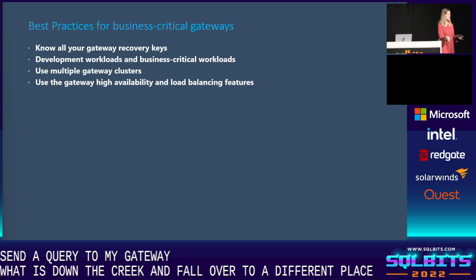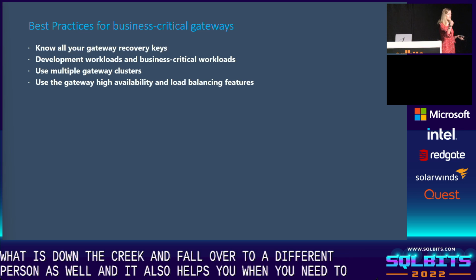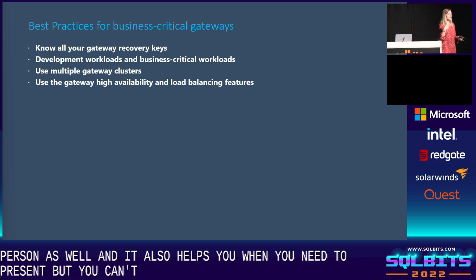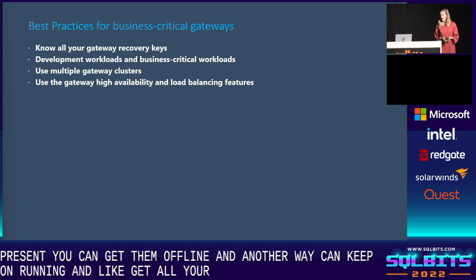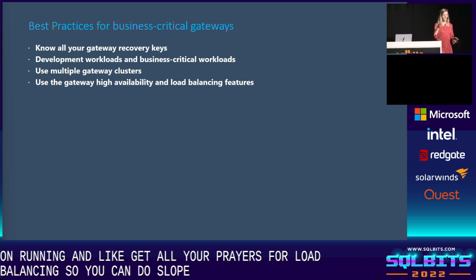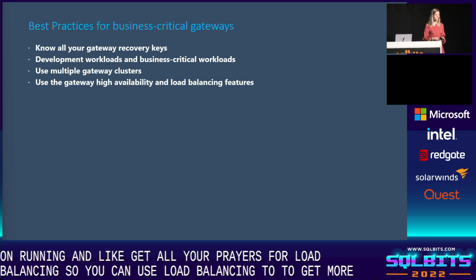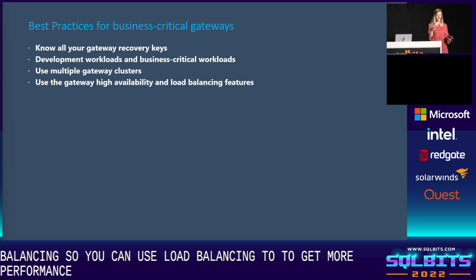This also helps when you need to, for example, update gateways. You can take them offline, and another gateway can keep running and get all your queries. Same thing for load balancing. You can use load balancing to get more performance for the queries that get sent to the gateway.